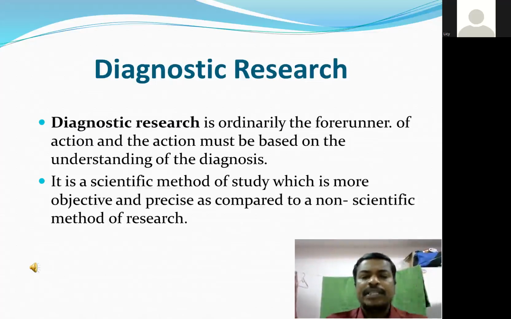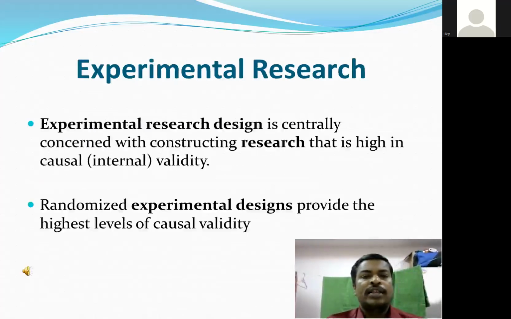It is a scientific method of study which is more objective and precise as compared to non-specific scientific methods of research. And then the fourth one is experimental research. It is centrally concerned with constructing research that is high in causal validity. So experimental designs provide the highest level of causal validity.